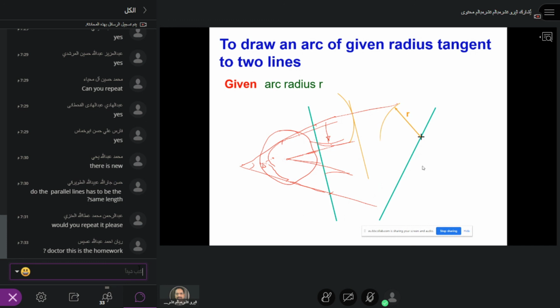Similarly, repeat the same here, and move it on and connect it there. That point is the center point.